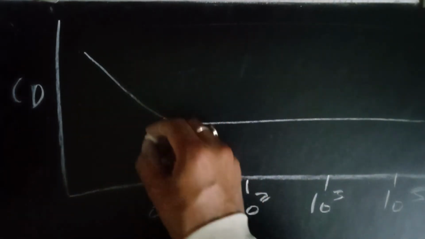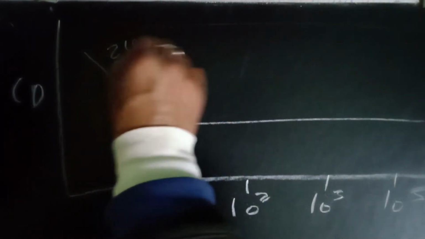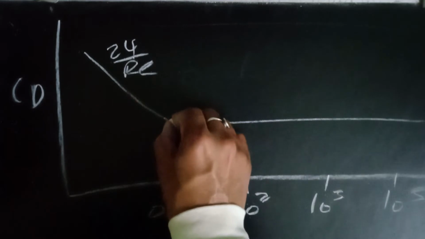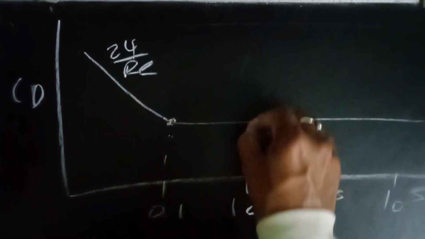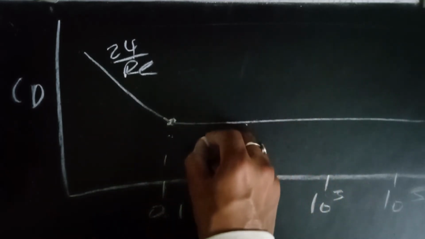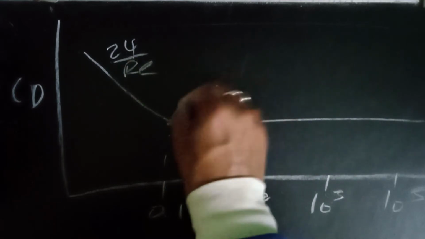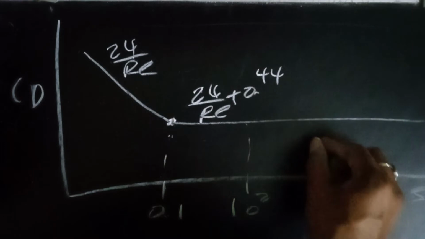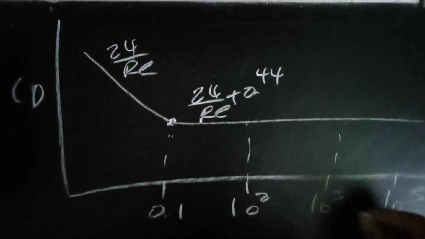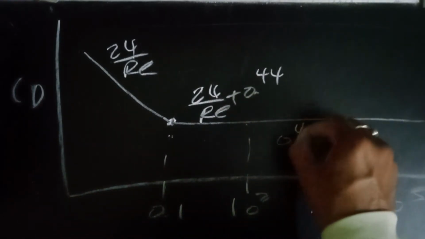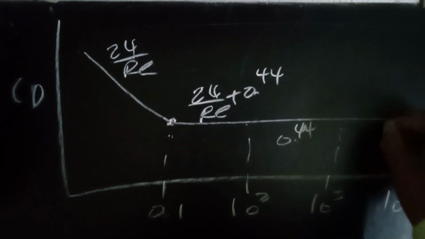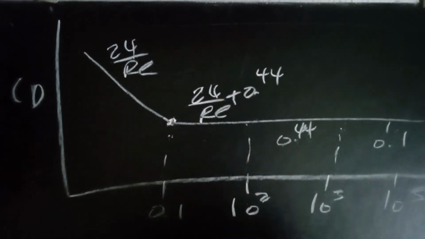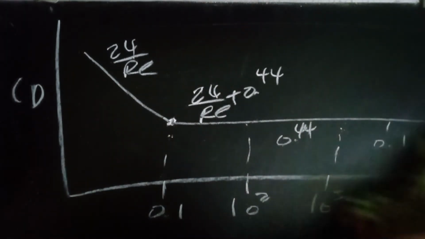So for here the Cd value is 24 by Re till this point. For this point, this is 24 by Re plus 0.44. For this part we have 0.44, and for last part we have 0.1. This is the range of Cd.